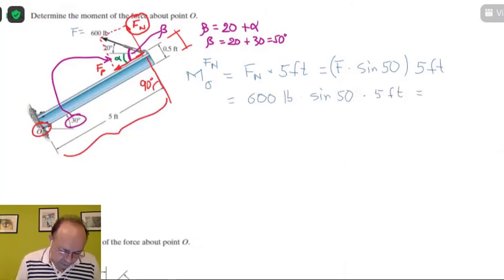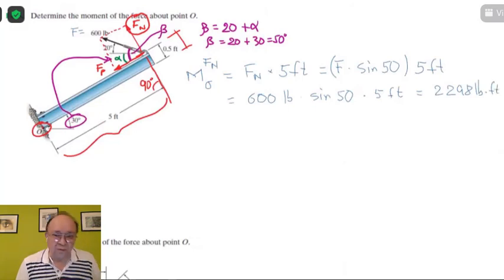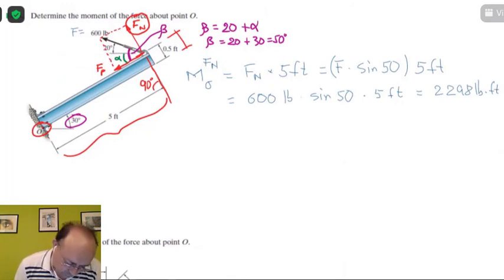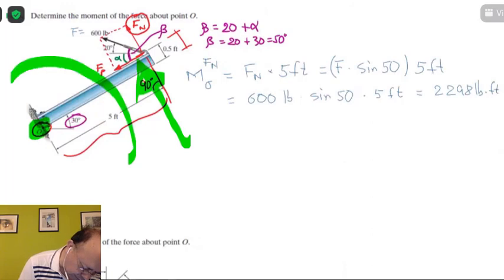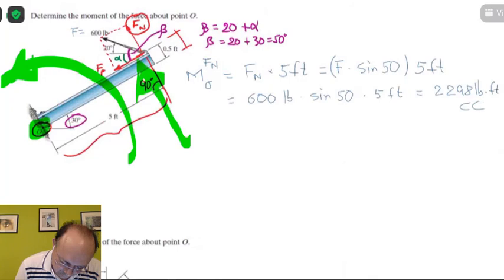Very quickly, 600 times sine 50 times 5, 2,298 pound-feet. Now, in what direction? The force goes in this direction, the point is right here, so it will be counterclockwise.